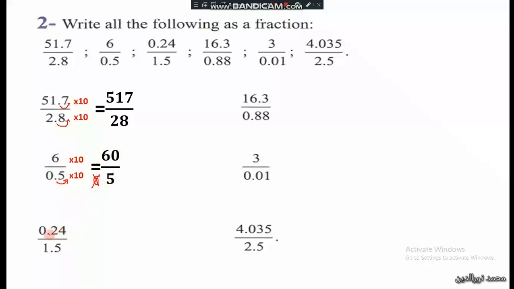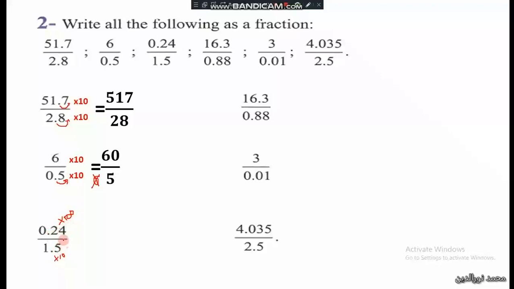Here we have to get rid of this decimal point. We have to move it 2 digits to the right, 1, 2. So we multiply by 100, and then here we have to multiply by 10. So we choose the greater one to get rid of the decimal point on the numerator.